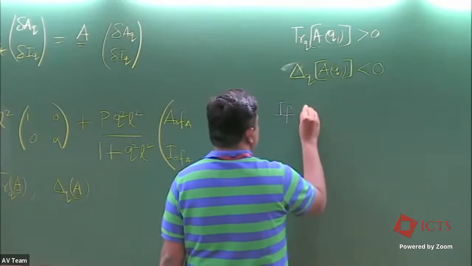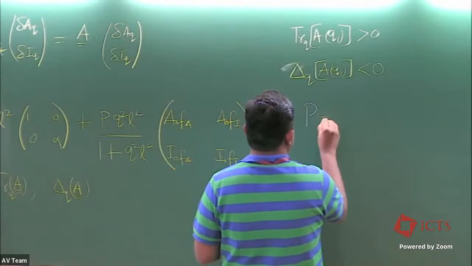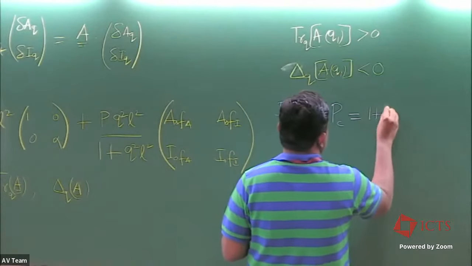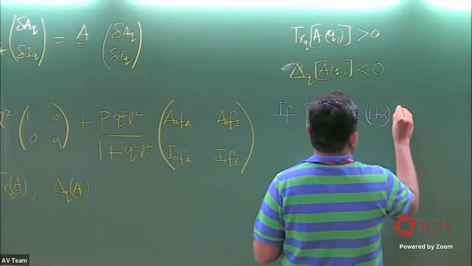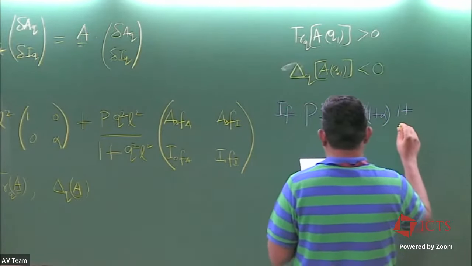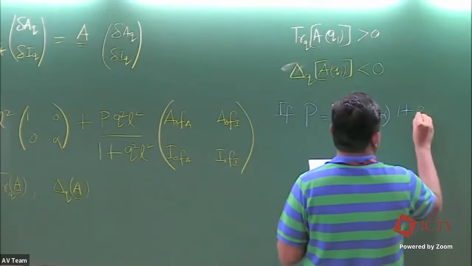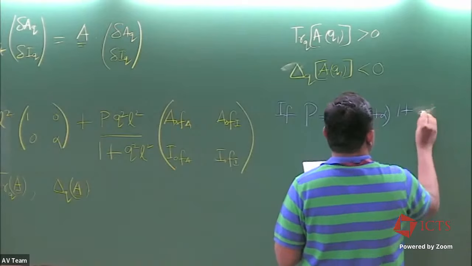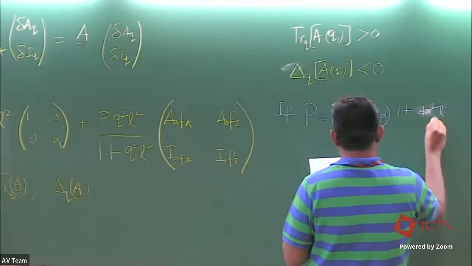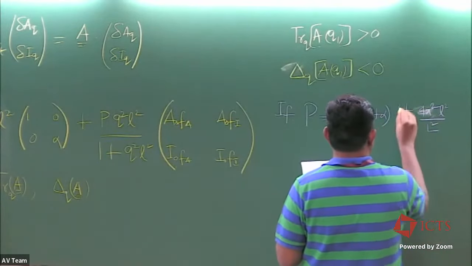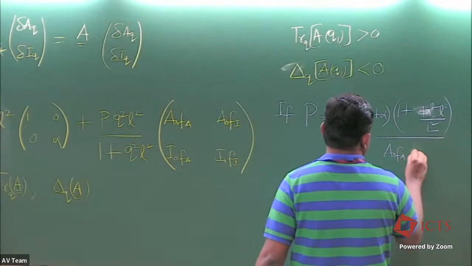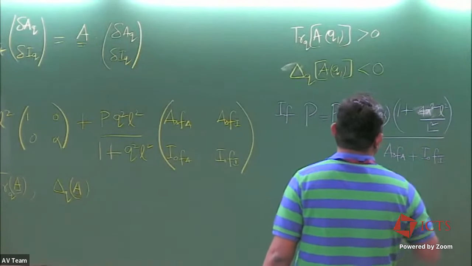if the Peclet number P is greater than some critical Peclet, which is basically 1 plus alpha times 1 plus (2 pi)^2, that is 4 pi square over L square, where L is the system size, divided by A naught Fa plus I naught Fi.